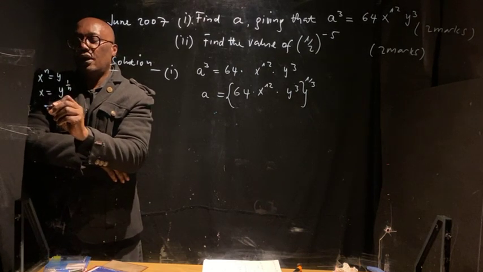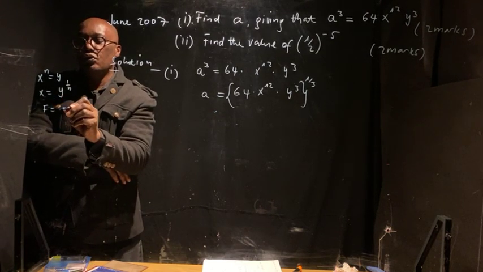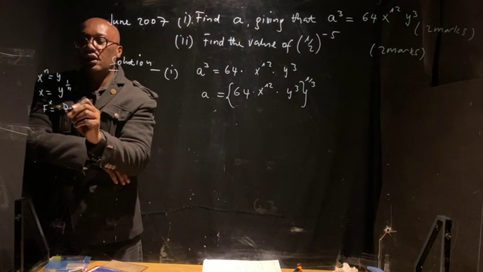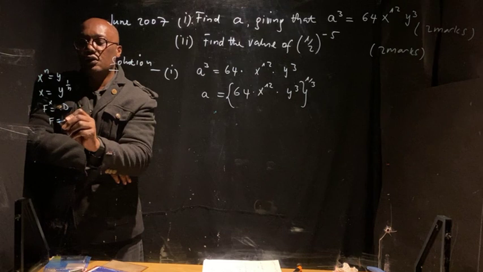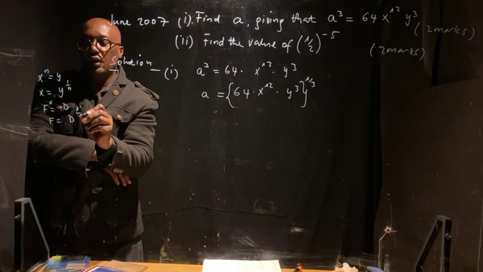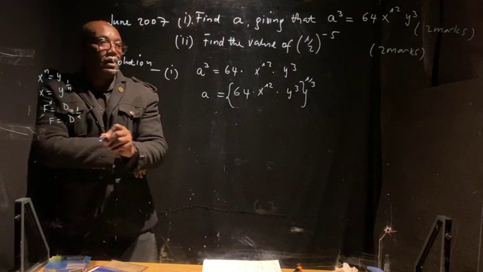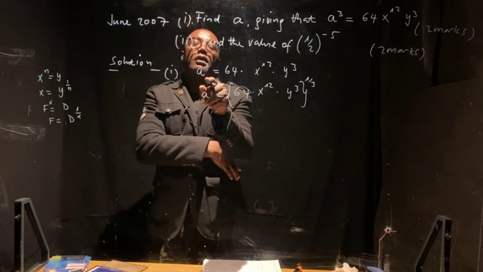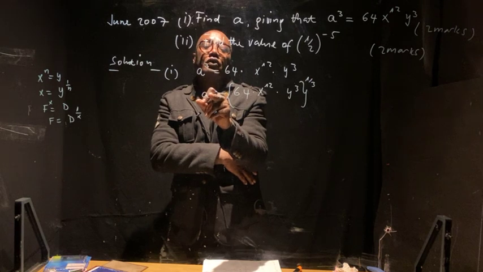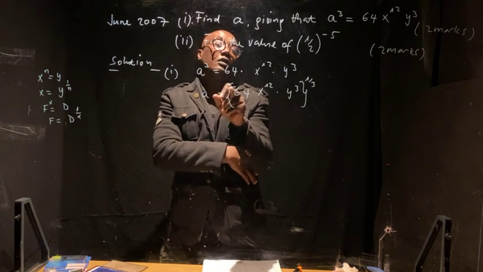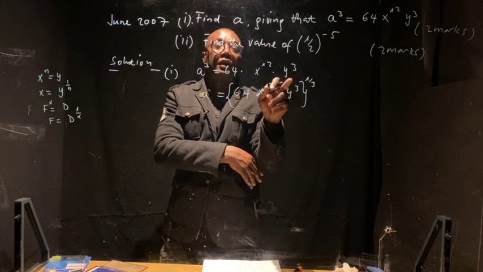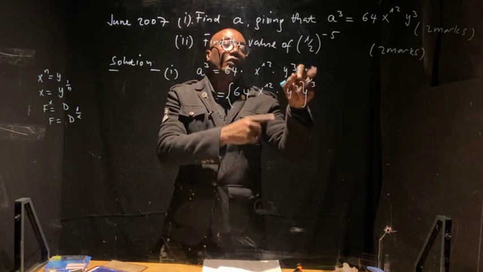If f of x equals d, then f equals d raised to the power 1 over x. So it is the same. When you have a raised to the power 3, and you want to make a the subject, it goes to the right hand side and it becomes an index as well, but it is being reciprocated.